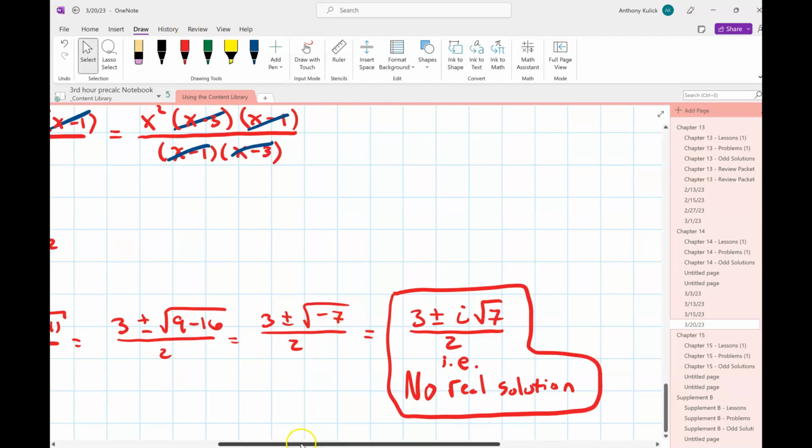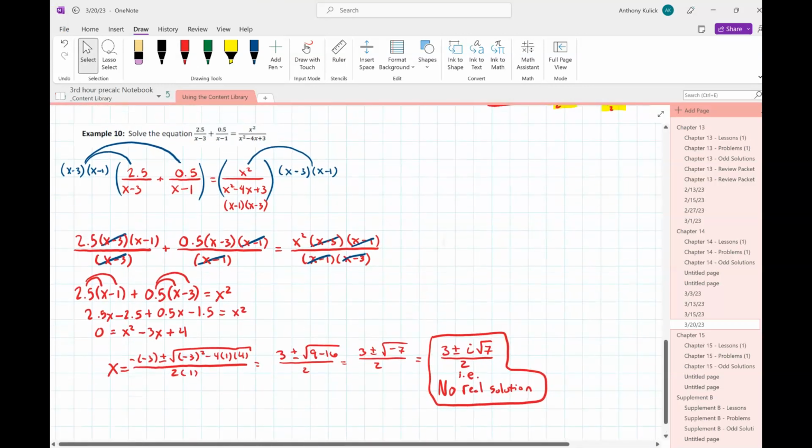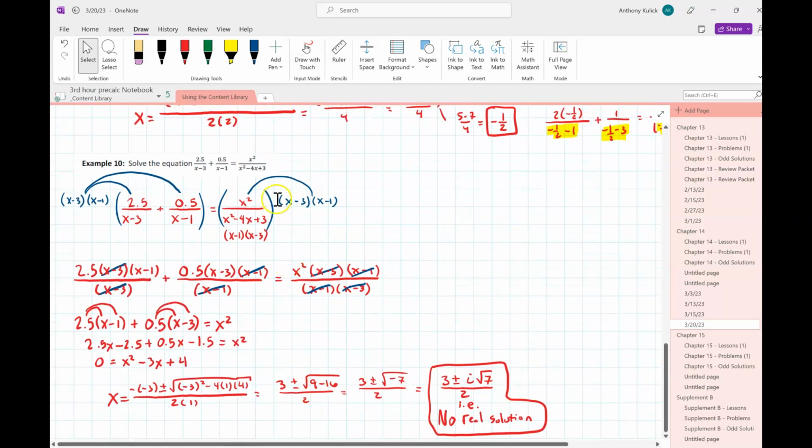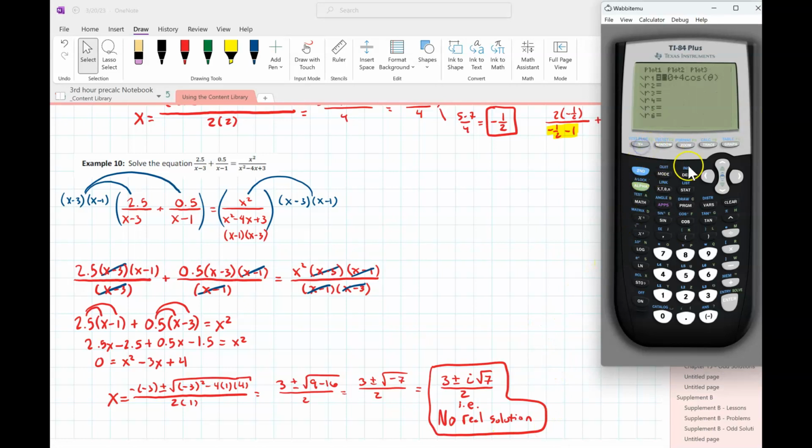Graphically, what does that mean? We got some asymptotes. That means if I move this all onto one side and graph it, it should never cross the x-axis. Let's just demonstrate that. Oops. I'm in the wrong mode here, folks.